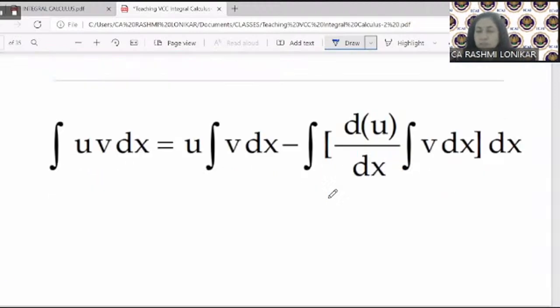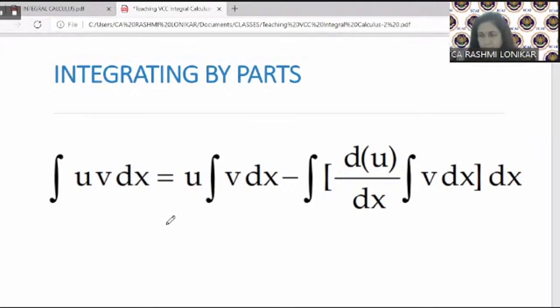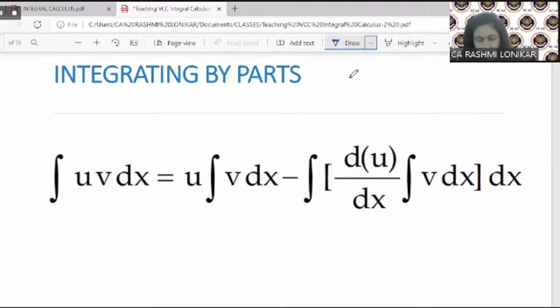Now coming to the next topic, that is integration by parts. Like we talked about differentiation of multiplication of two functions, remember that? Similarly, we are going to do integration of two functions u and v. Now here what you have to remember is that there is a rule called ILATE.